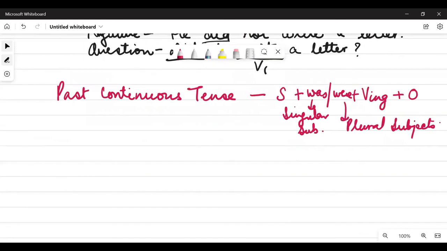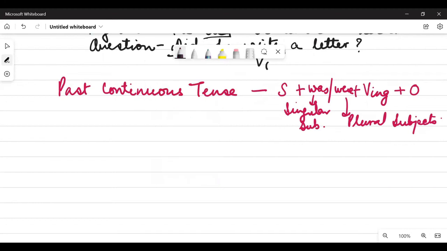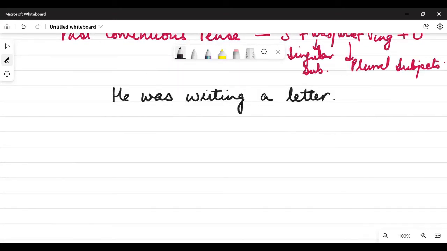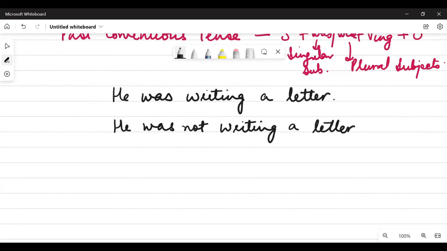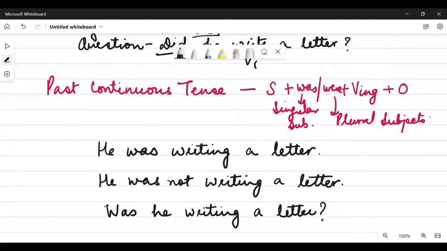So if the same sentence has to be changed into past continuous, it will be, he was writing a letter, वो letter लिख रहा था. And if it has to be made negative, it will be, he was not writing a letter. And if a question has to be formed, it will be, was he writing a letter, or was he not writing a letter? If it is a negative question. I hope it is clear.